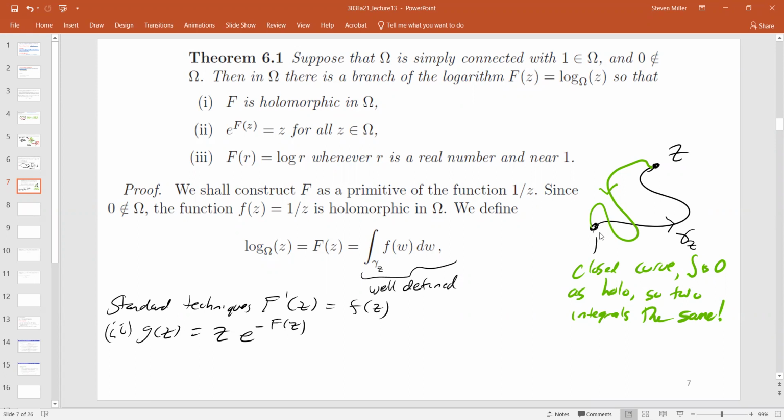And what do you think we want to show about this function g? Yeah, we want to show it's constant. In fact, more than just that, it's constant, it's equal to 1. We would get g prime of z is going to be 1 e to the negative f of z plus z e to the negative f of z, and then we would have f prime, which is just, made a mistake.